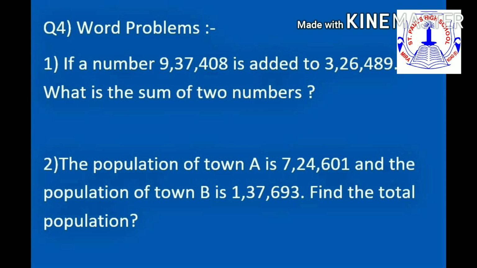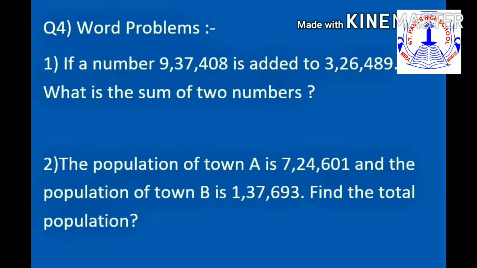First one, if a number 9,37,408 is added to 3,26,489, what is the sum of the two numbers?